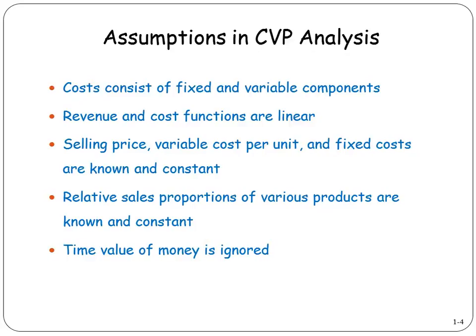And at least for the period we're working in, they're not changing. Simplifying assumptions. If we have a multiple product environment, where we have a mix of different products, the mix stays the same. And we're ignoring time value of money for this analysis. Now, all these simplifying assumptions, you could work through them. It's just more complicated. We'll keep it simple.